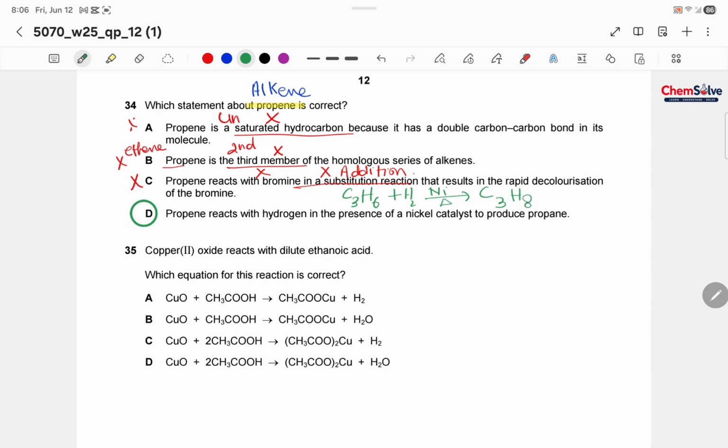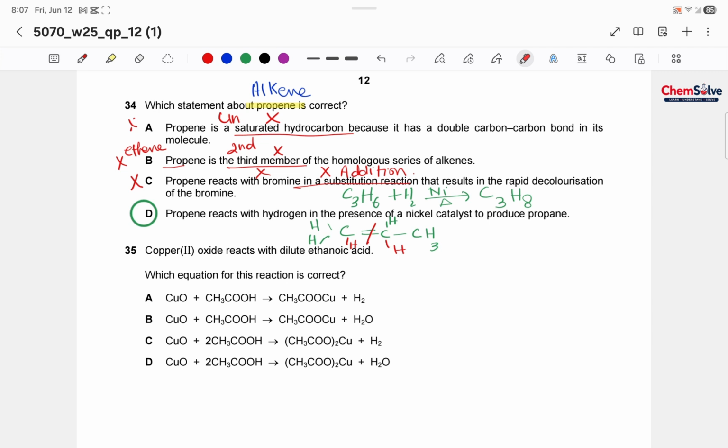So this is the reaction, and if we show the bonds like this, so what happens? One hydrogen, this bond is being broken, only one bond is here, and one hydrogen is attached with it, and one hydrogen is attached with it, so it will form this thing, C3H8.